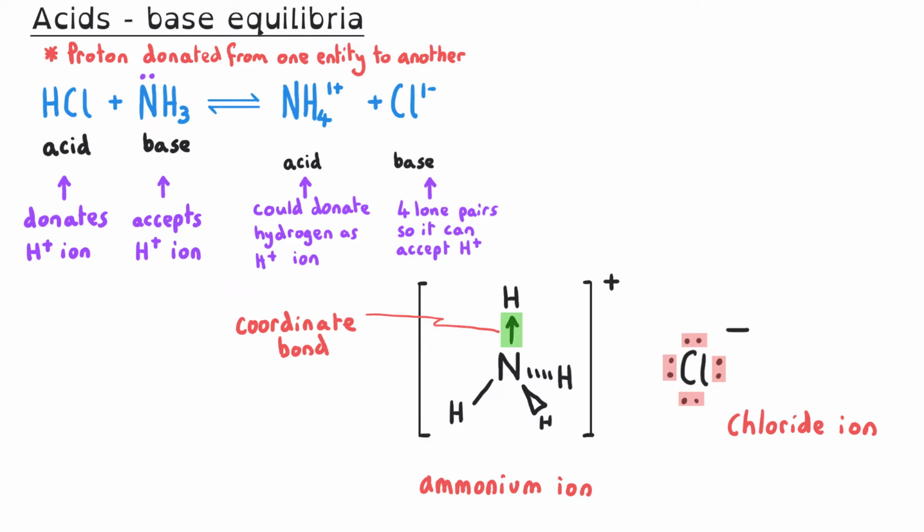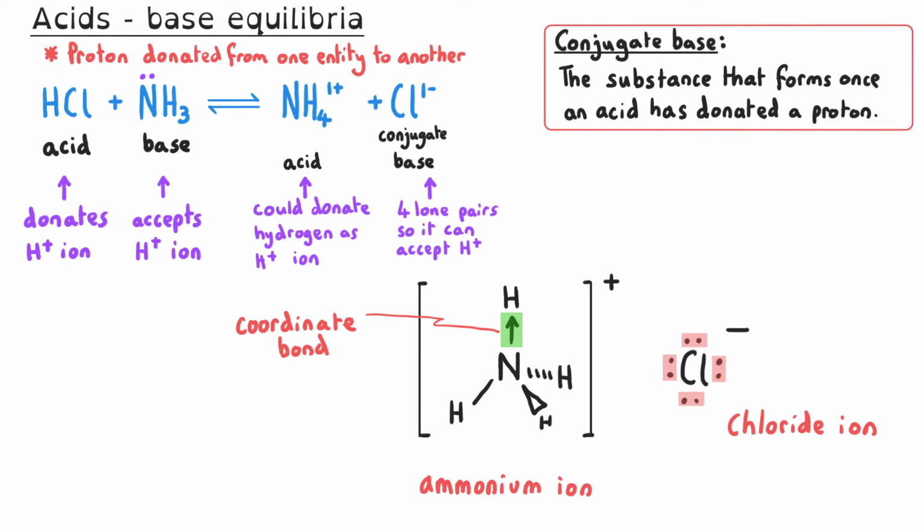Because of this, we need to use some language about which acid we might be referring to, because there's an acid on both sides of the equation, and the same with the base. So the initial acid, the hydrochloric acid, is simply just referred to as the acid, and the ammonia simply the base. But the acid, once it has donated a proton, is taken to be a base. We call it the conjugate base because it is the base that goes with that acid.